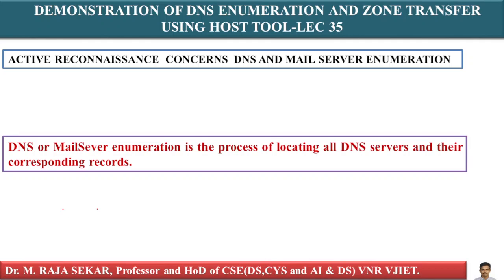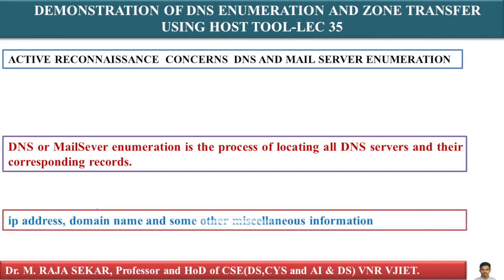DNS or mail server enumeration that we are talking about is the process of locating all DNS servers and their corresponding records. What information is there in the DNS server? Recall that in the DNS server there is a lot of useful information like IP address, domain name, and some other miscellaneous information.